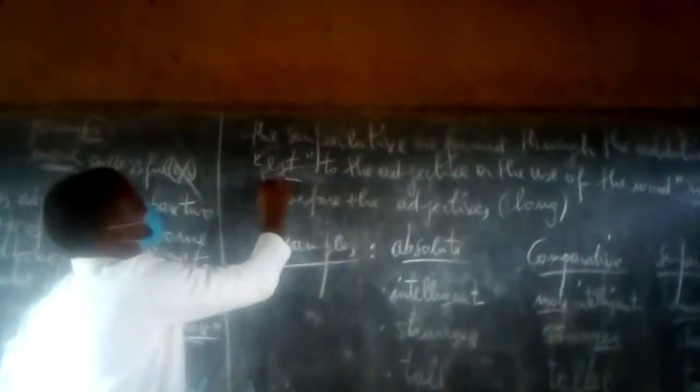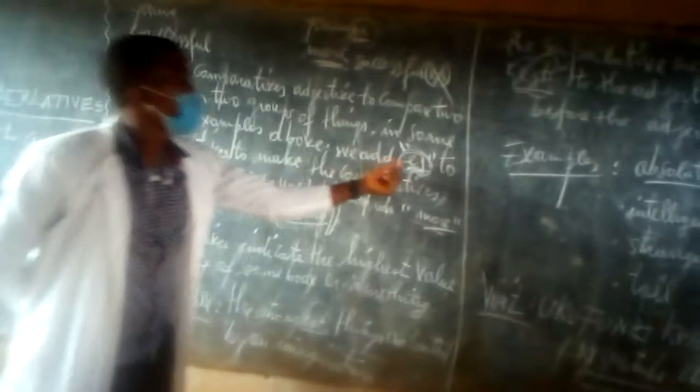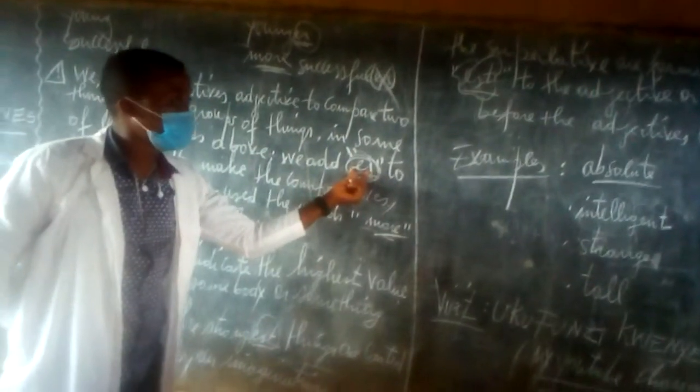And let us look here. The superlative is formed through the addition of the ending est. Let's come back to comparative. In comparative, we add er or more before the adjective.